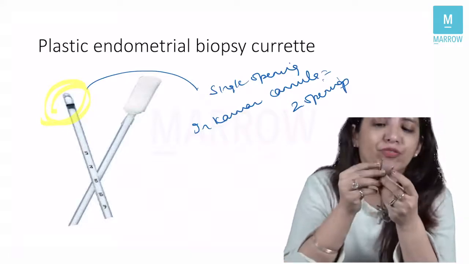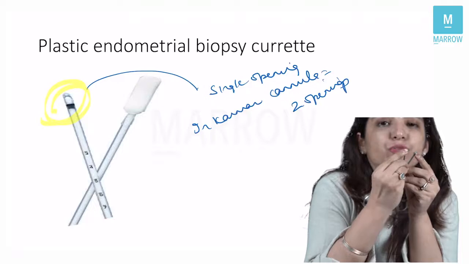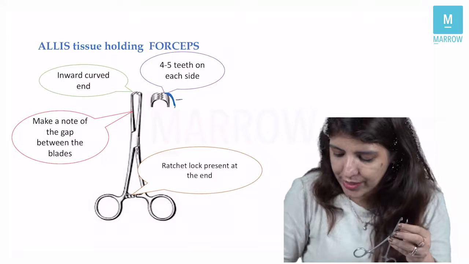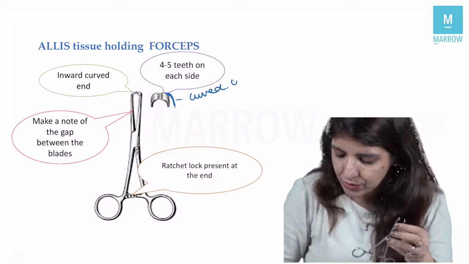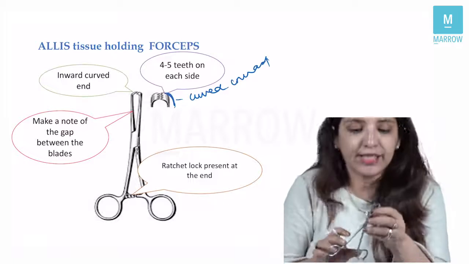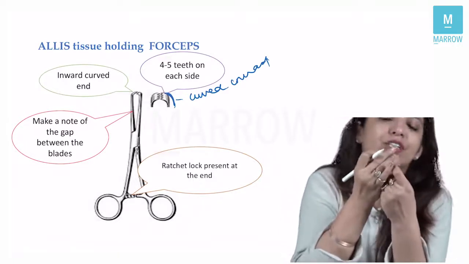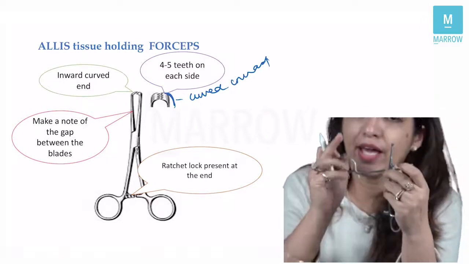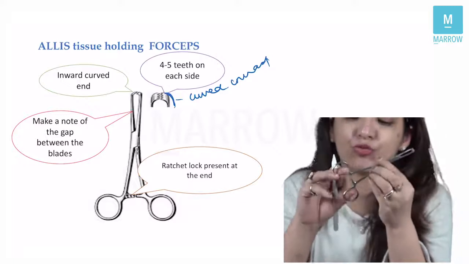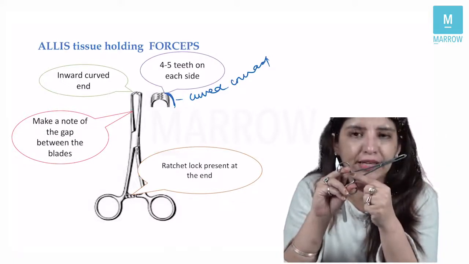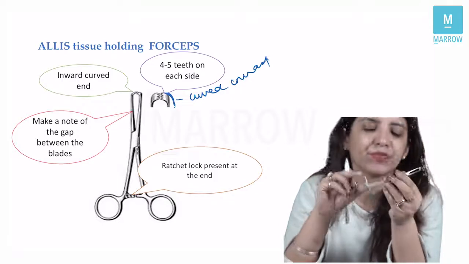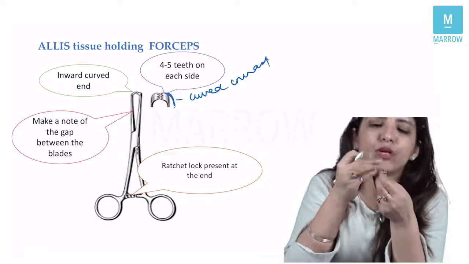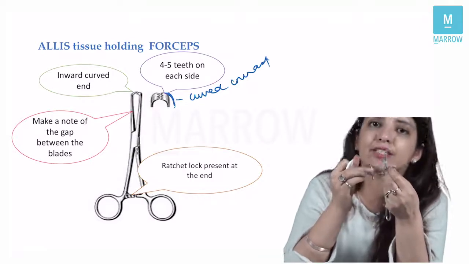If you look at the tip of the Alice forceps, it is curved inwards, and it has 4 to 5 small rat teeth on the tip. So again, the identifying features of an Alice forceps: a ratchet lock at the handle, a gap between the blades, tips curved inwards, and when you open them, you get 4 to 5 rat teeth.